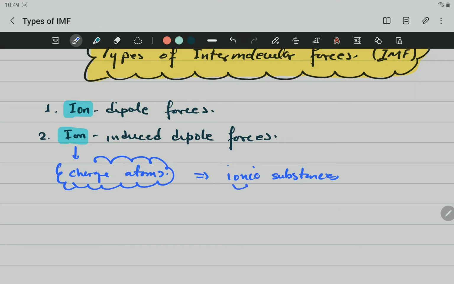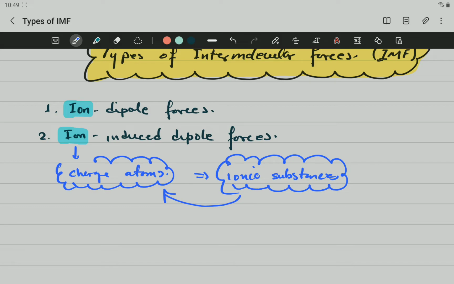So ions form ionic substances, and if you break ionic substances, they will be broken into ions. This is important to know for the rest of the video, when we explain each of the different types of forces. So these two types of forces are related to ions, so we're going to have molecules and ions involved.